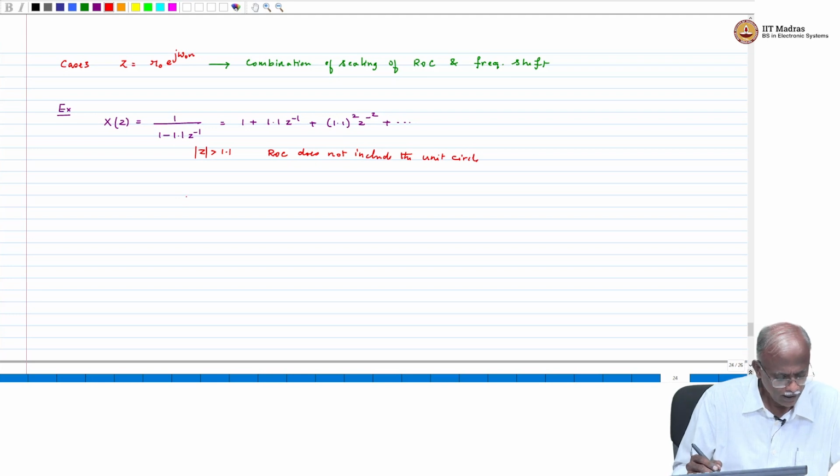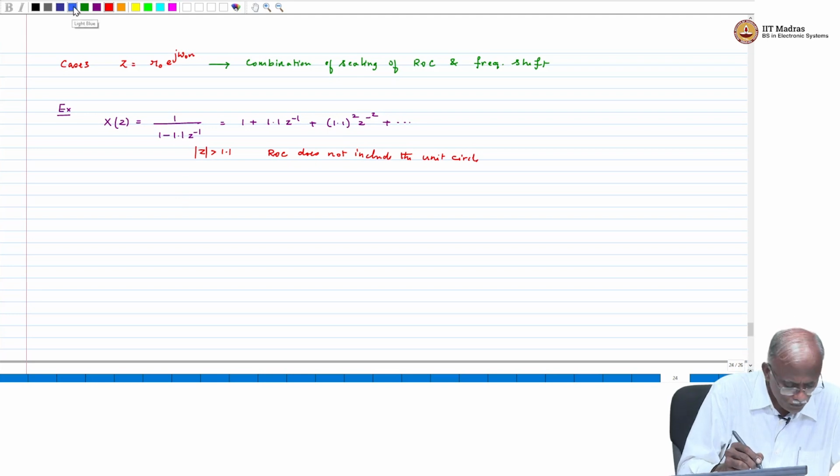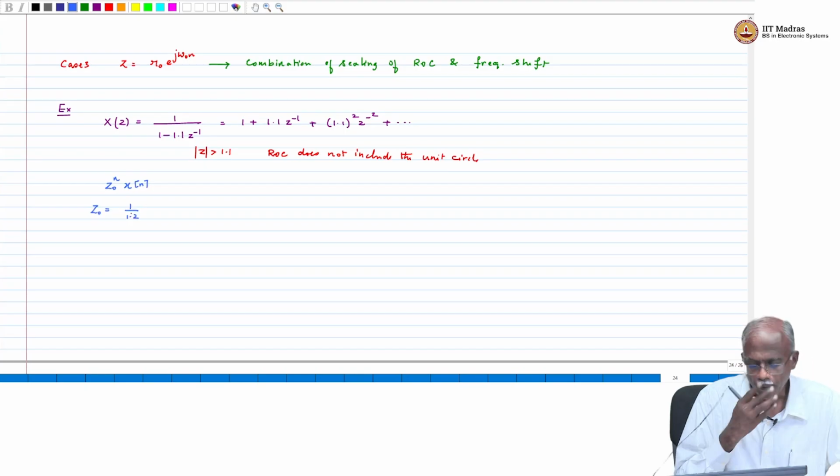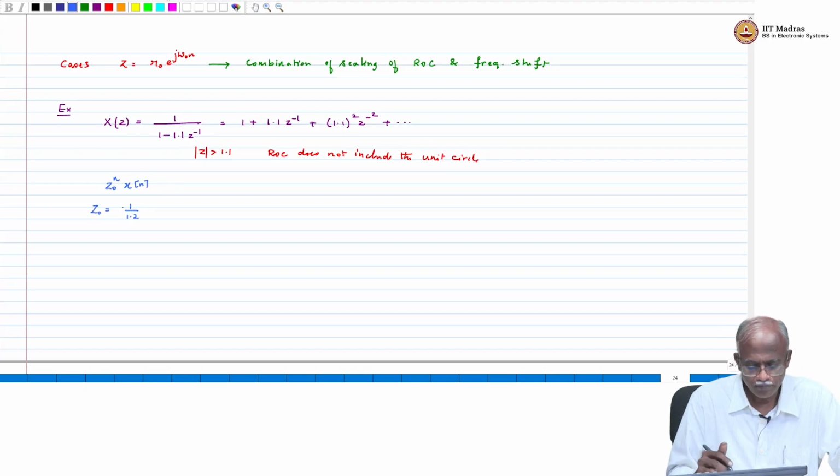All right. Now, what we are going to look at is the following sequence. We're going to look at z0 power n times x of n, where z0 equals 1 over 1.2. Okay, so basically it's the form of a scaling factor.